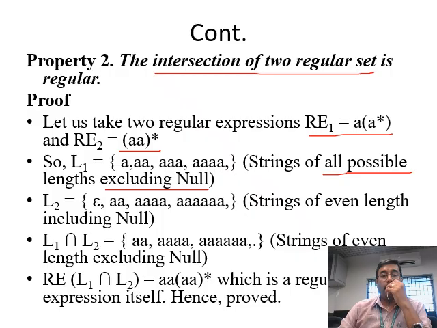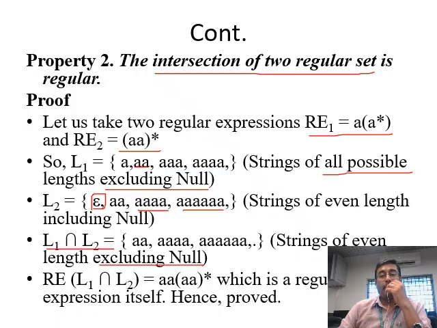So when I perform the intersection operation, epsilon will be eliminated. I'll have AA, next 4 A's and 6 A's. So when I perform my intersection operation, the answer I get is of even length only, excluding null.